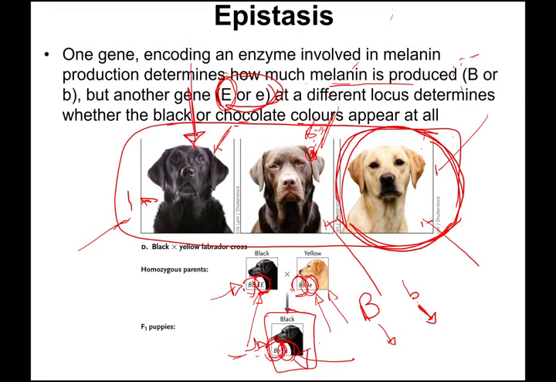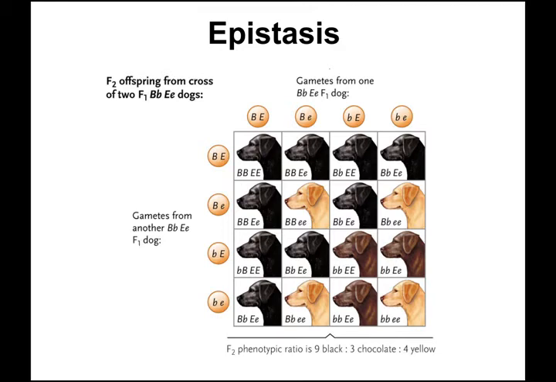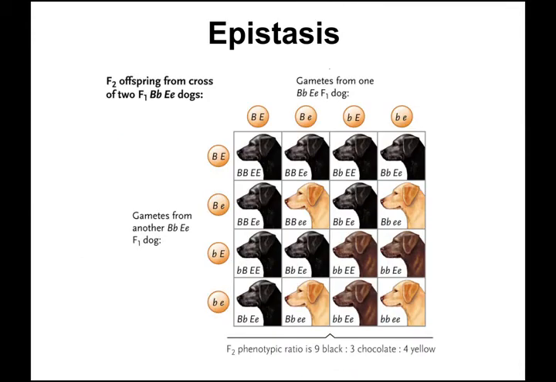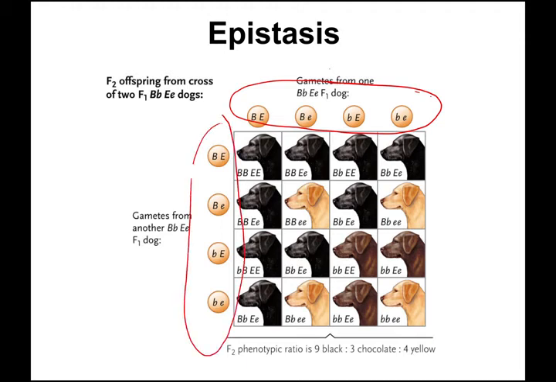Now you take these heterozygous dogs and you cross them together. All right, so the possible combinations of these two genes in the gametes are the ones right here. So you take two of these heterozygous dogs and you cross them together, and now you see all the possible combinations. Basically, what you get is that if you have a dominant form of the E gene, you would have the pigment produced, right?